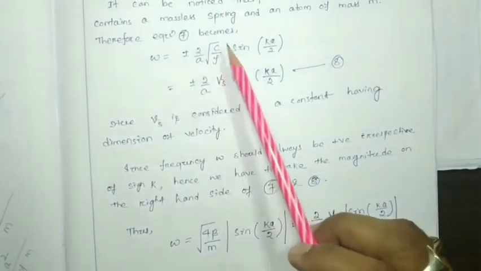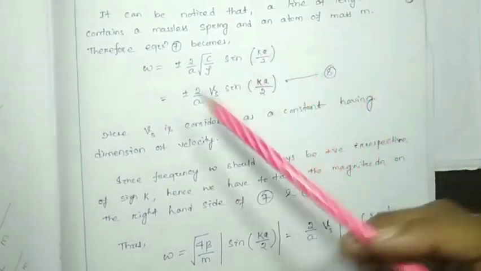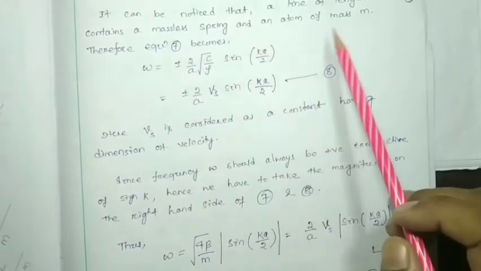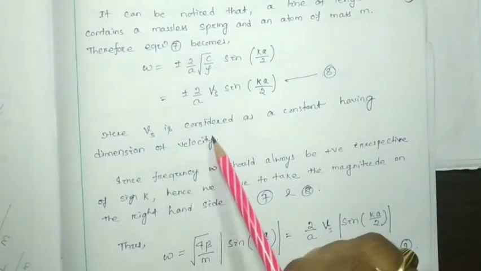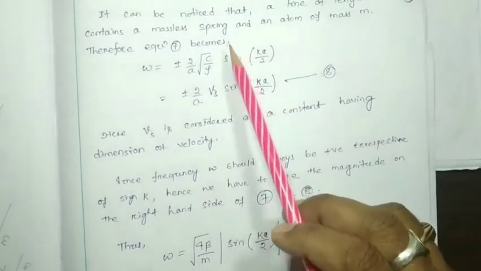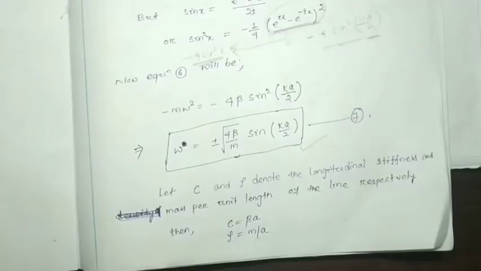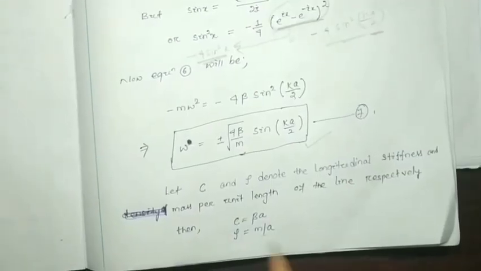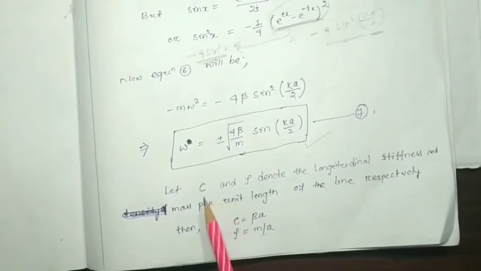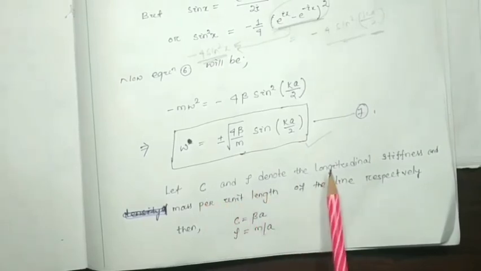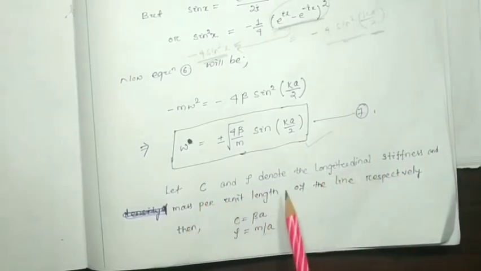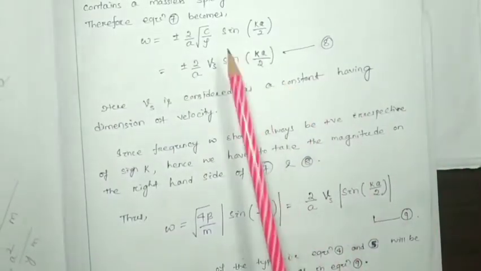And if we consider equation number 7 in some other way, see, if we consider that c and rho are the stiffness and mass per unit length, then equation number 7 can be changed into the form of this one.